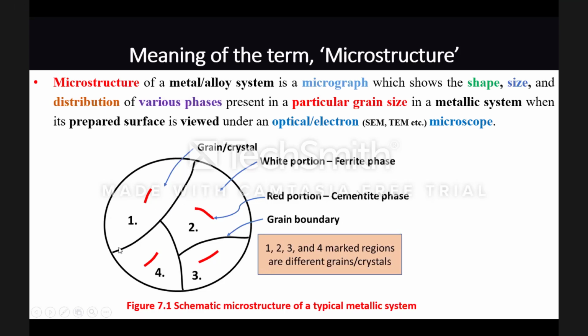We'll also devote a session to understand how these grain boundaries and grains form. But for now, believe me that these regions shown in white and red are clearly crystalline. As these regions were initially forming, when grain 1 was growing, grain 2 was also growing.